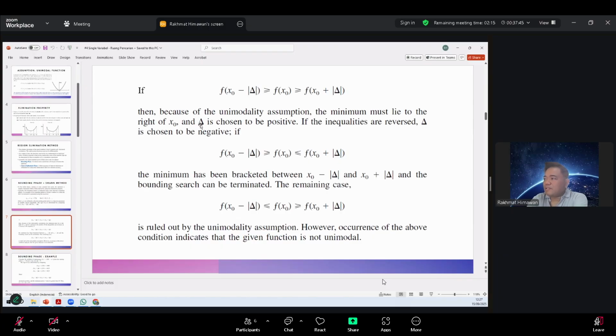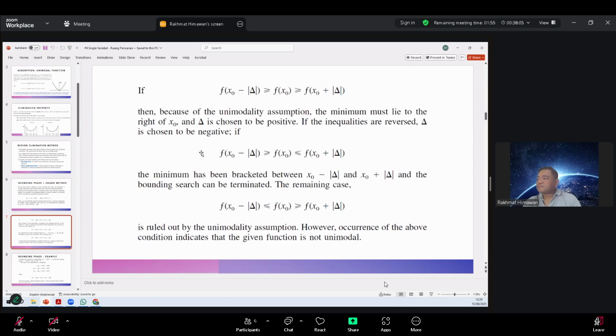So that means sigma is chosen to be positive. You choose this one, not the minus, because you want to go from f(x0) to the right. Okay, if the inequalities are reversed, then it's the other way around.